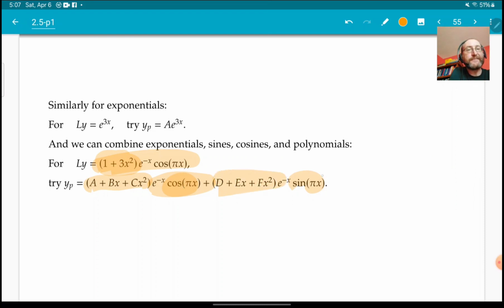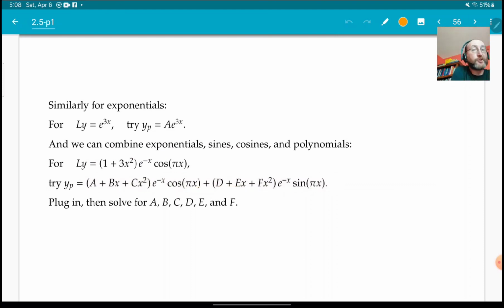So this is my ansatz, right? This is what I need to try. This entire thing, where A, B, C, D, E, F are some unknown constants. So what you do, you take this sucker. It's going to be a little annoying. You plug it into whatever the L is.